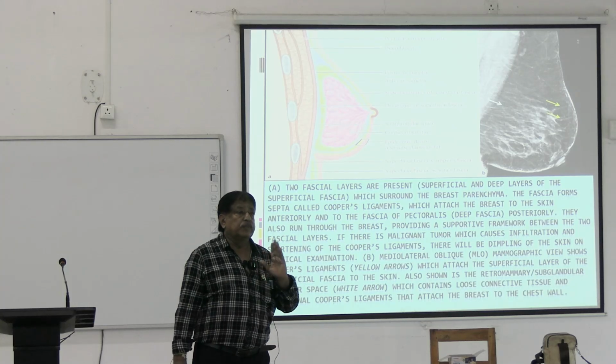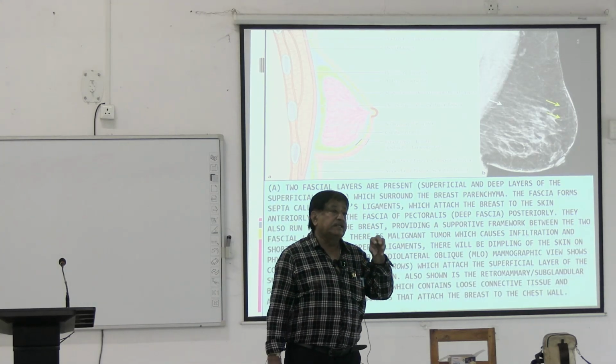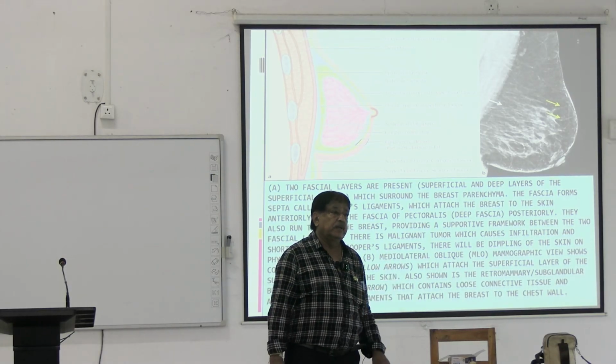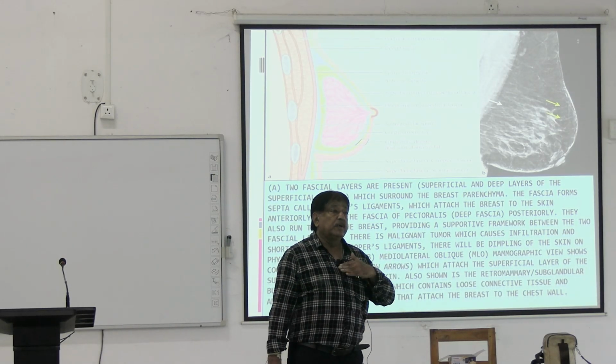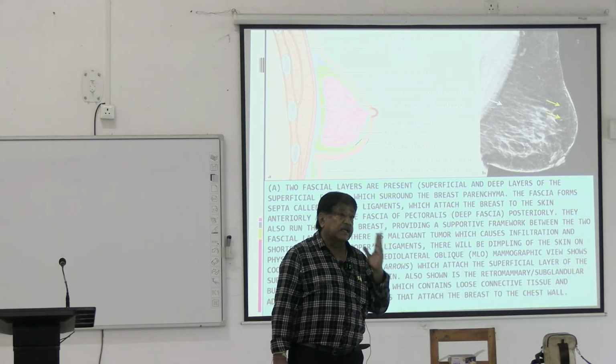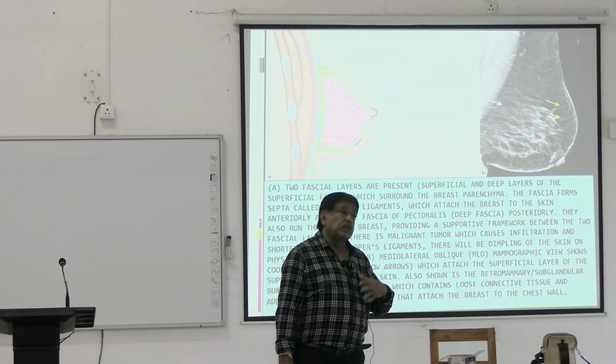In present day, only localized lumpectomy is done, not the whole breast removed. Even if you remove the breast, after all investigation, you are in a dilemma that it is a malignancy, then you remove the whole breast.